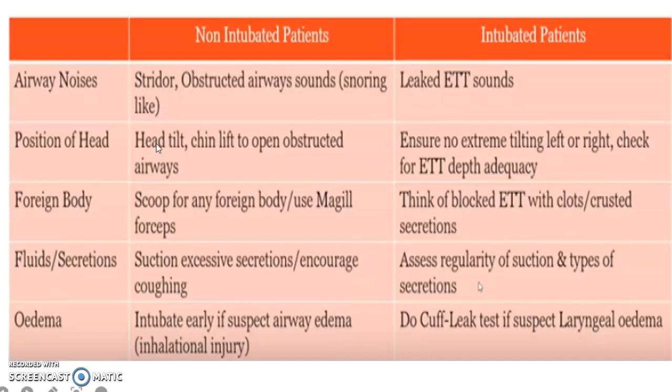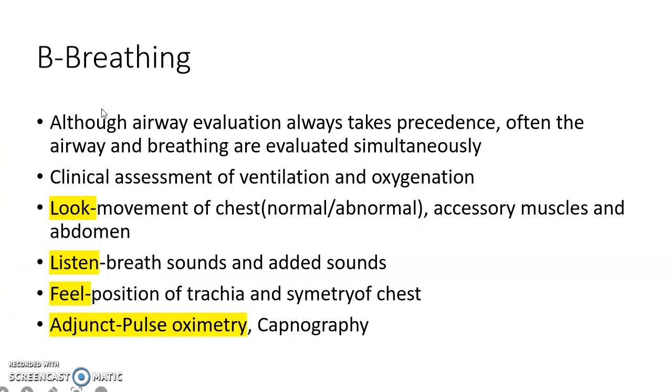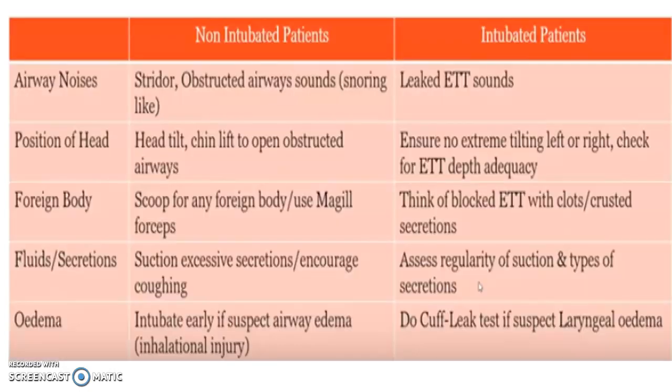This is the ICU approach to patients, based on non-intubated and intubated patients. So, sorry, for intubated patients, check the previous ETT depth and also check the tube for any cuff leak, or whether the cuff may be deflated, or the tube may be too deep or extubated. So check for that. The other is the position of the head.